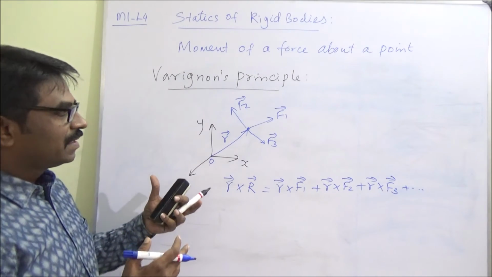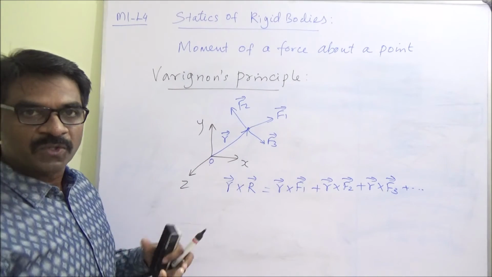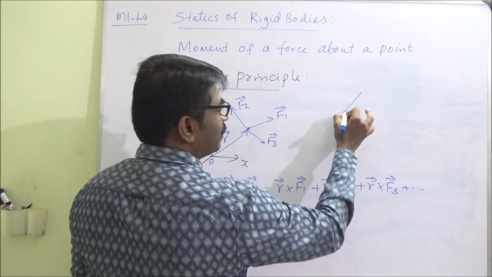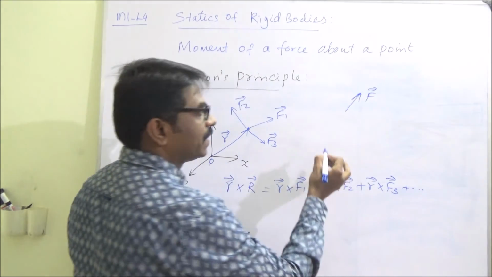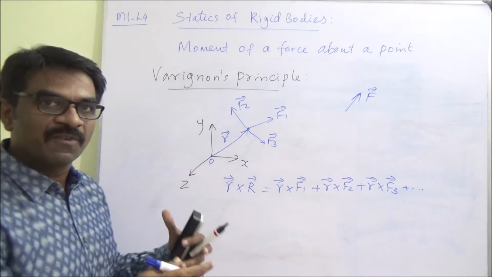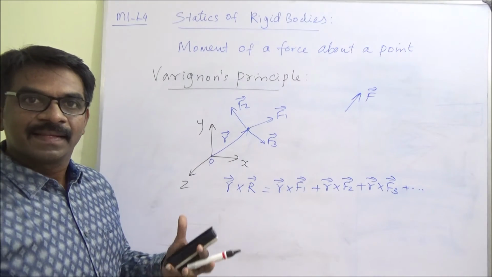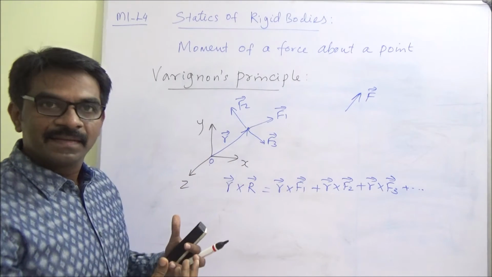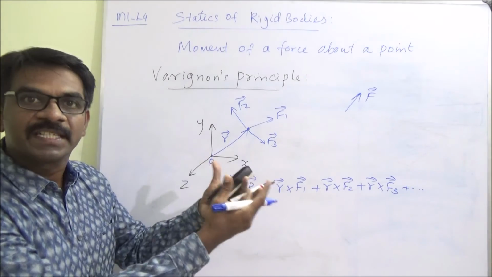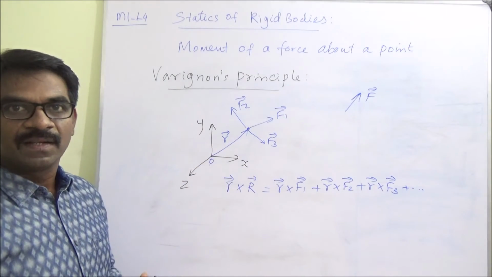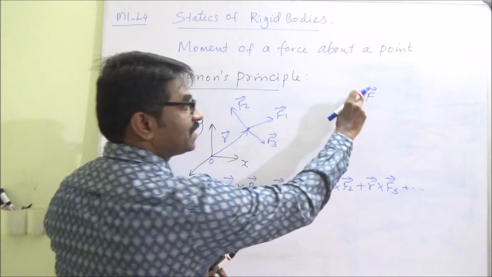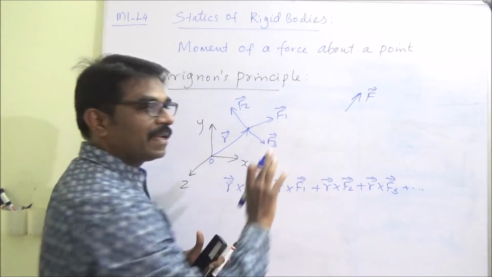So if you have only one force, it will have components Fx, Fy, Fz. Then Varignon can be applied to those rectangular components as well. It is the resultant of Fx, Fy and Fz.